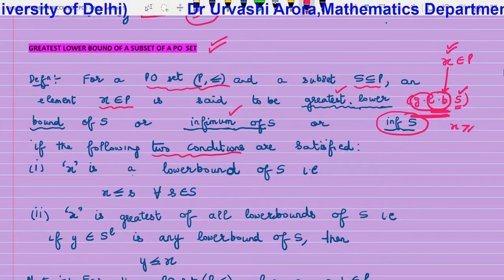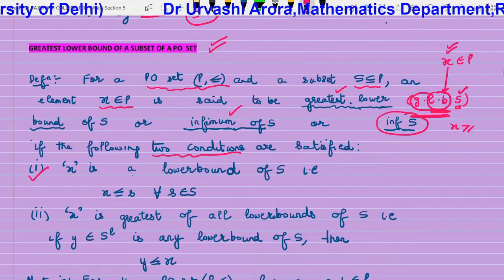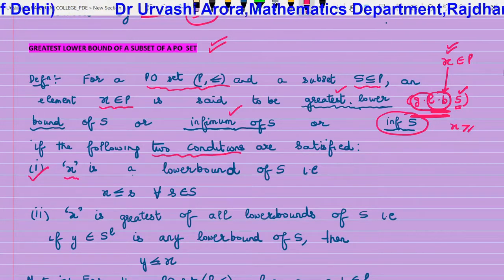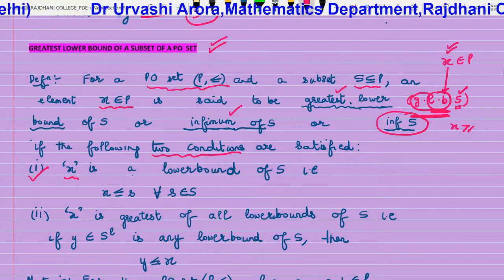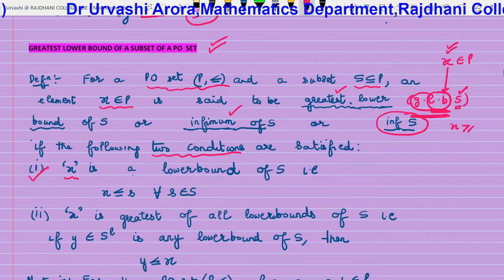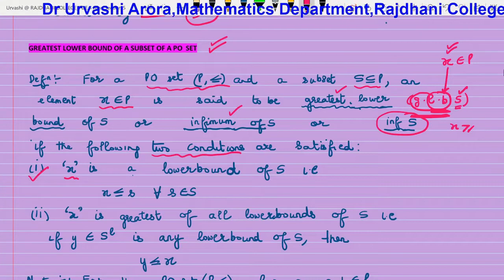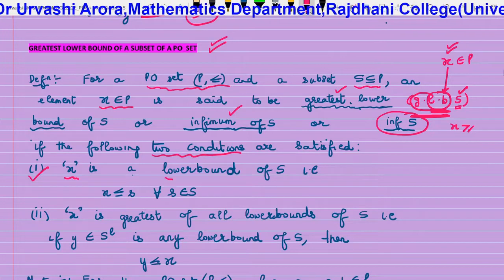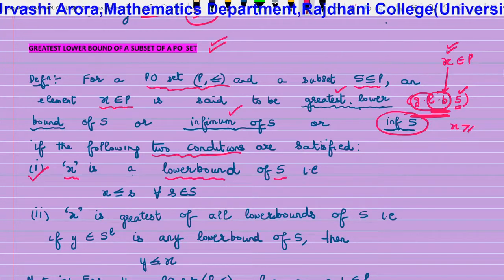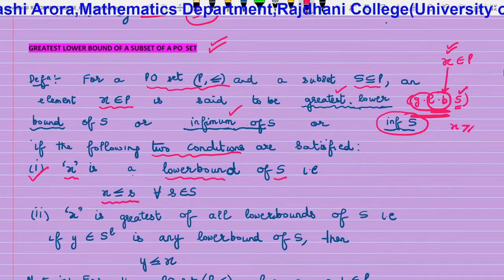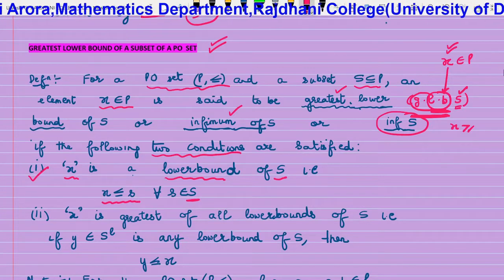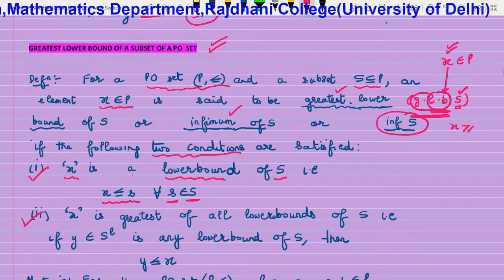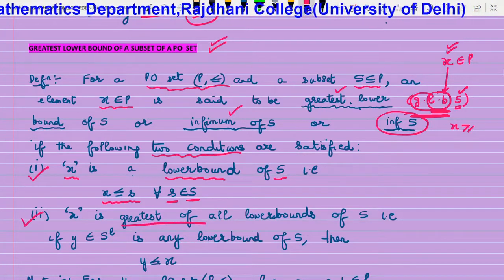So mathematically speaking, as I was saying, if X is to be the greatest lower bound or infimum of S, or the GLB of S or inf S, whatever, these are different notations, then it should first be a lower bound of S, which means that X should be smaller than every element of S, or X is less than equal to s for all s belonging to S. And the second condition is that X should be the greatest of all lower bounds.